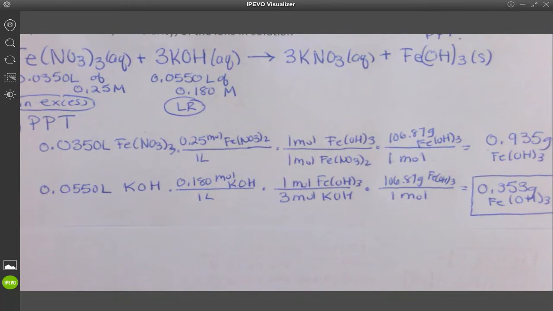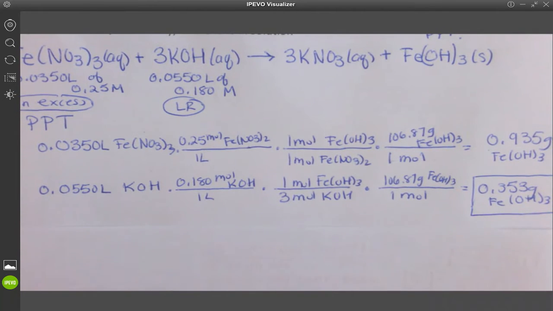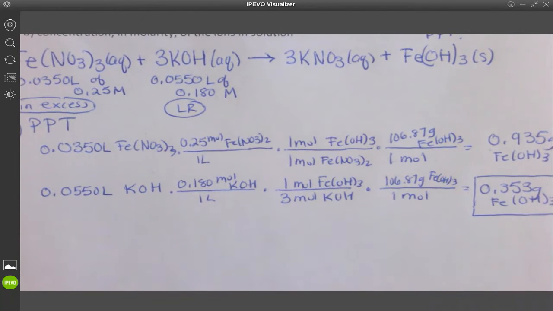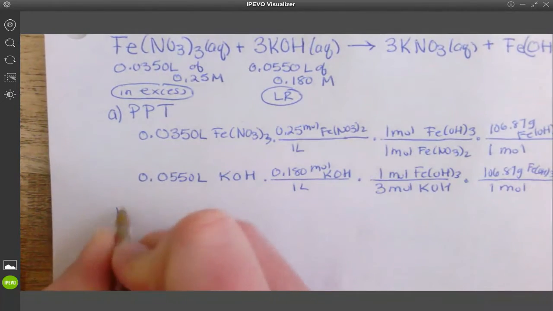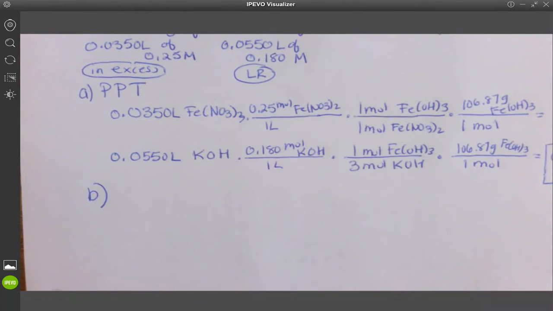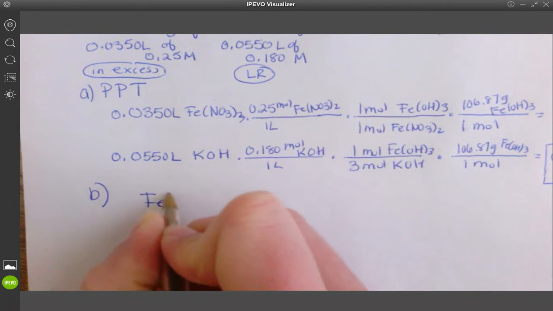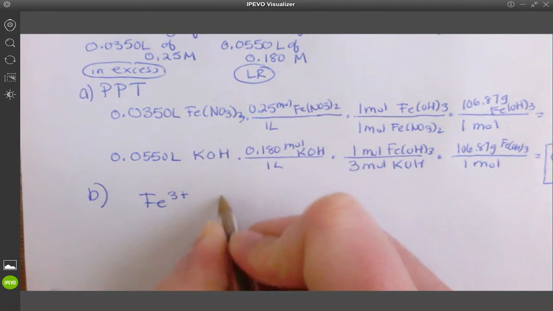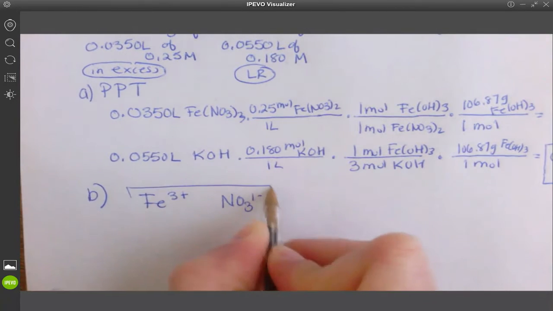Okay, so that's the first part, just figuring out the precipitation, which is just using the volume and molarity in order to complete the stoichiometry. Now with the second part, we're going to get into how to figure out the concentrations of our ions in solution. So what I want you to think about is we have iron ions, we have nitrate ions. These are the ones that were in excess.